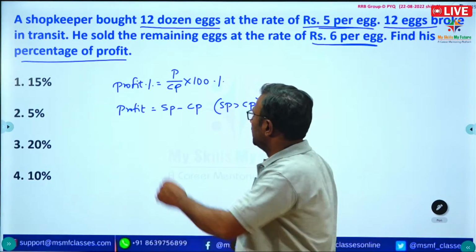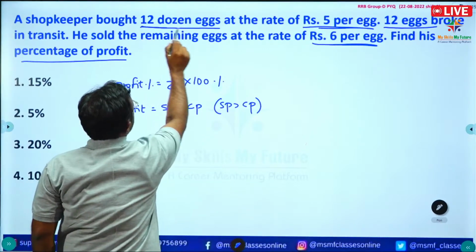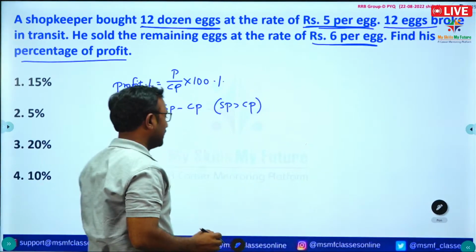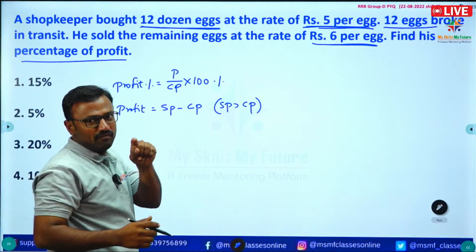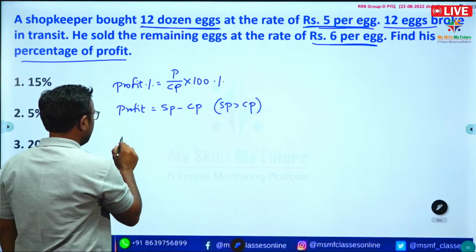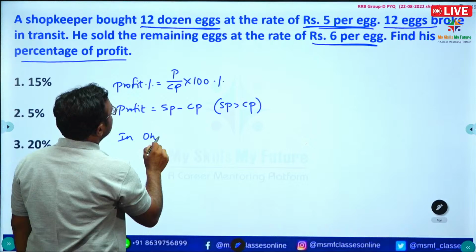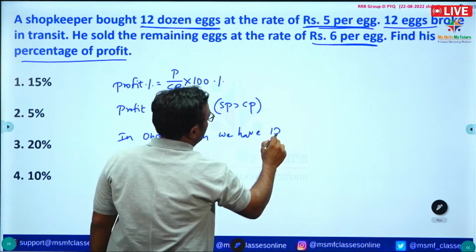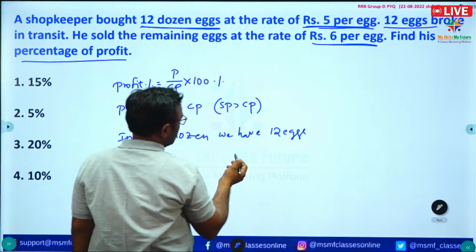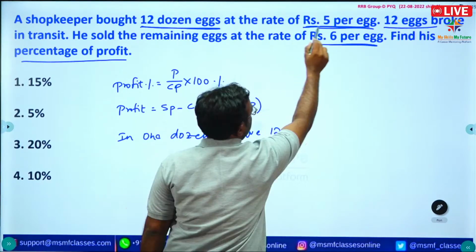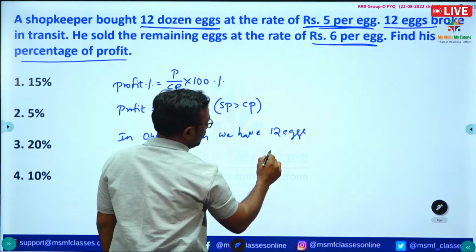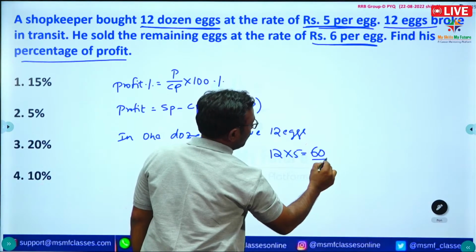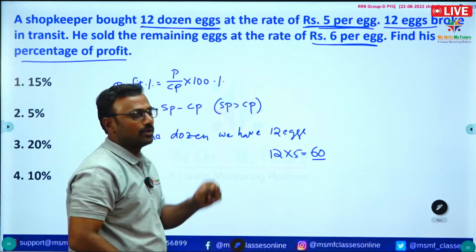See here, a shopkeeper bought 12 dozen eggs at the rate of 5 per egg. In 1 dozen we have 12 eggs. Each egg costs 5 rupees. So 12 into 5, 1 dozen costs 60 rupees.